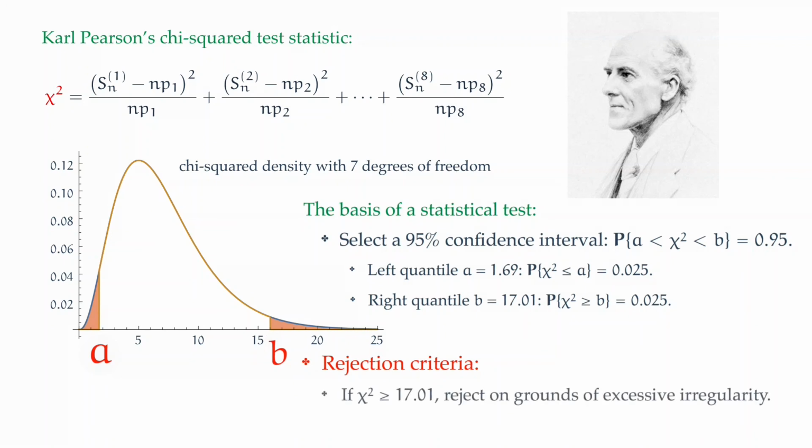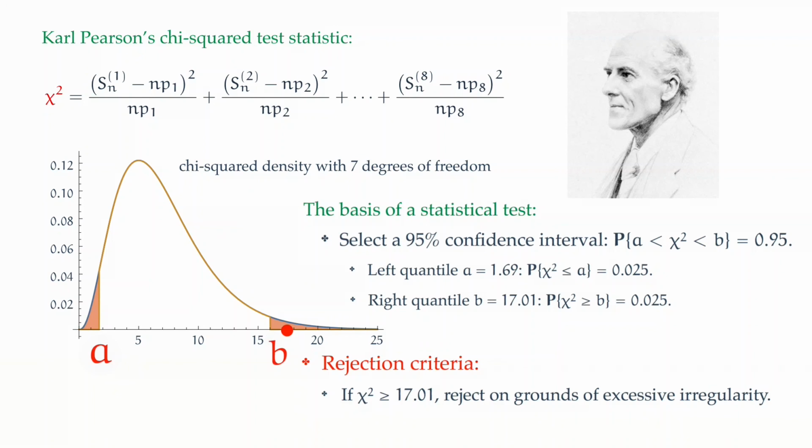The first, what happens if you get data, you compute a chi-squared value using this very simple formulation, and you find the chi-squared value exceeds the number 17.01. Well, you know the chance of this is very small, it's 2.5%. We reject the data with contumely on the grounds of an excessive irregularity.